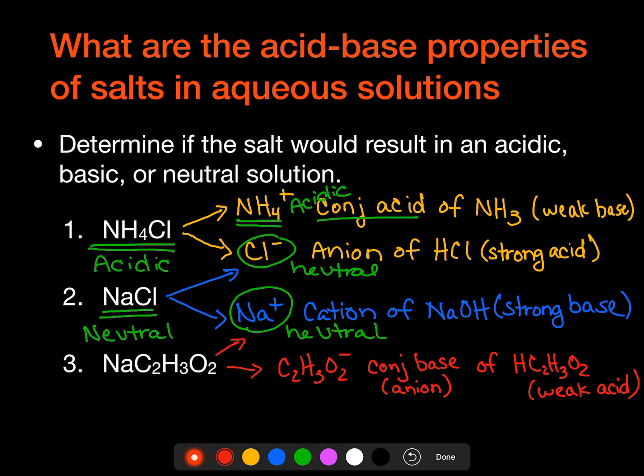So when this anion gets in there, it's going to interact with some hydrogens, removing them and acting as a base. That makes this one basic when it's added in solution. It'll cause a basic solution.